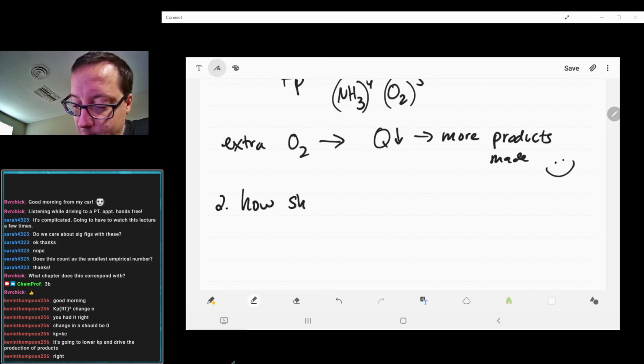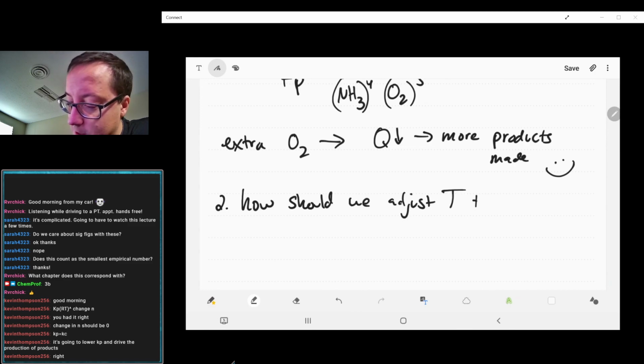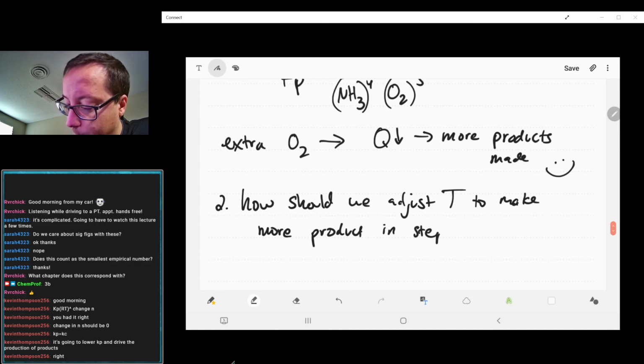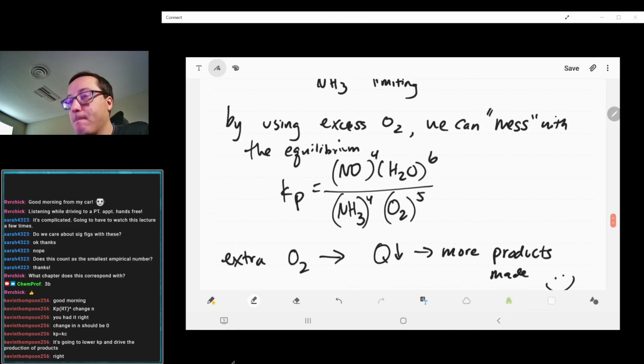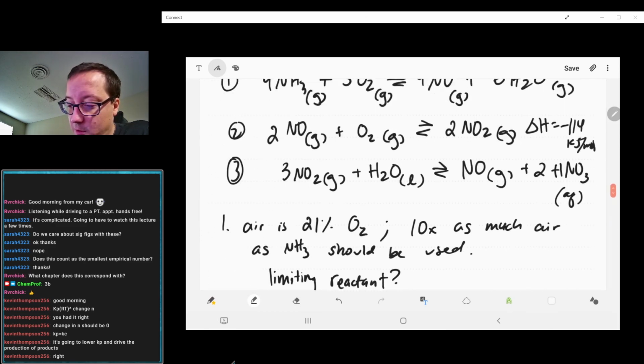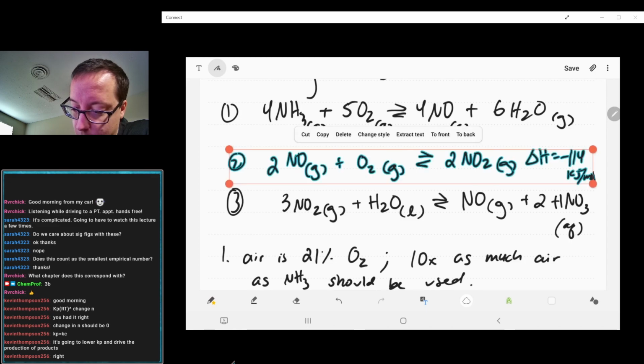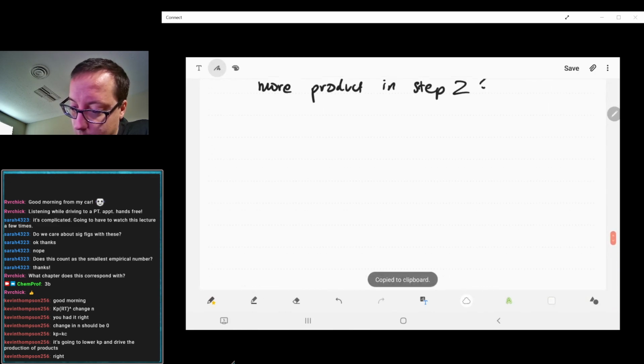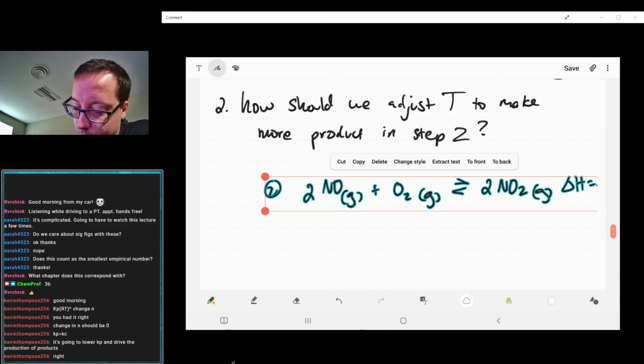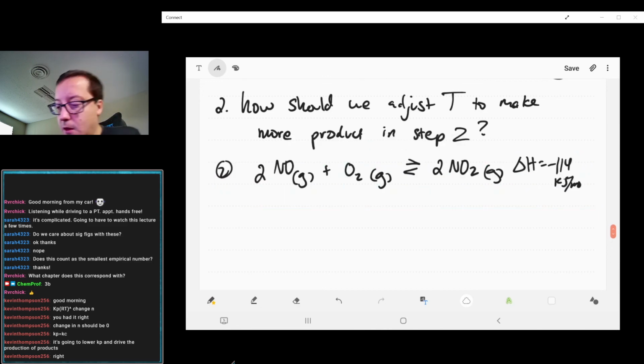How should we adjust the temperature to make more products in step 2? So I'm just going to copy the equation because it's way up here. Okay. All right. Here is step 2 here.